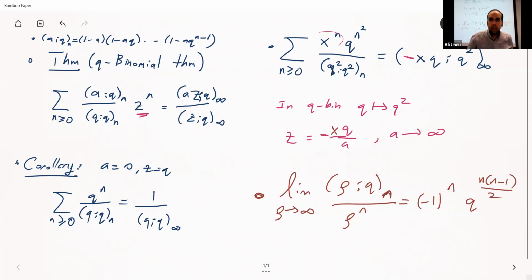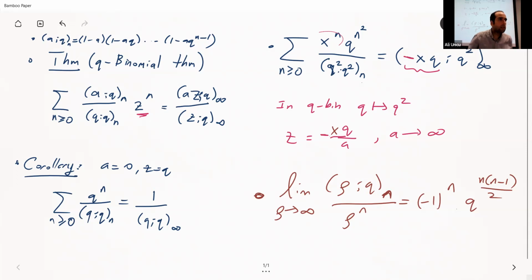That is fine. Then when I plug in minus xq over a, let's look at this product. Minus xq over a is going to turn into a minus xq because that a is going to cancel with the denominator, right? az, so multiply with an a, that is going to cancel.